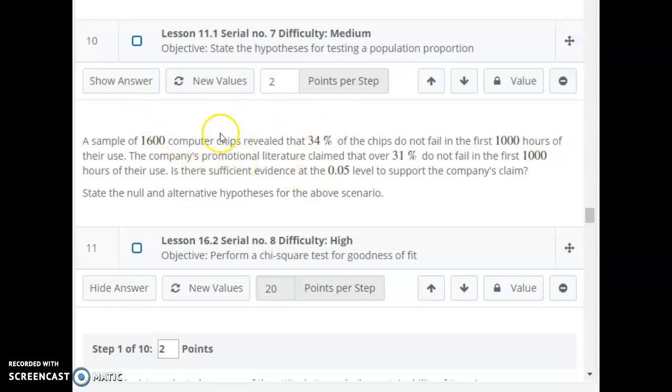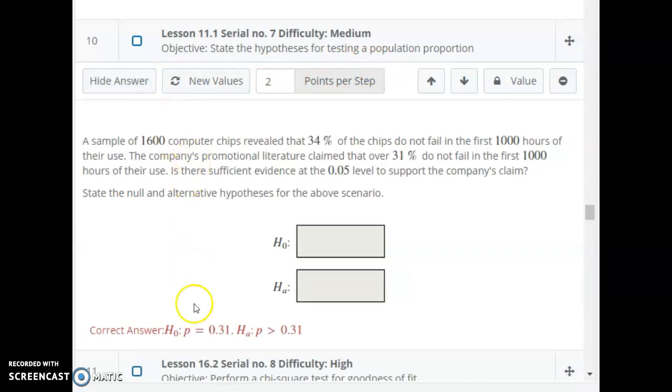The other commonly missed thing here, especially with proportion, is remember what we're really caring about is the population proportion, which is p, not p hat. So when we see the answer here, the null hypothesis would be the population proportion is 0.31, not the sample proportion. We know what the sample proportion is.